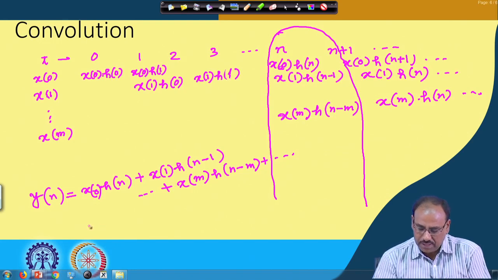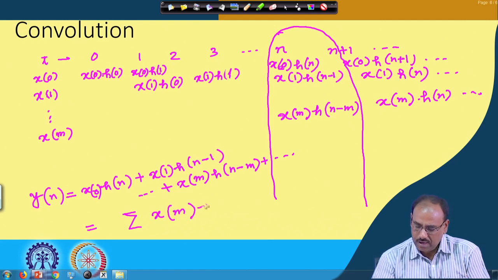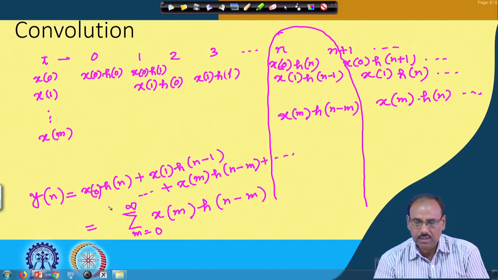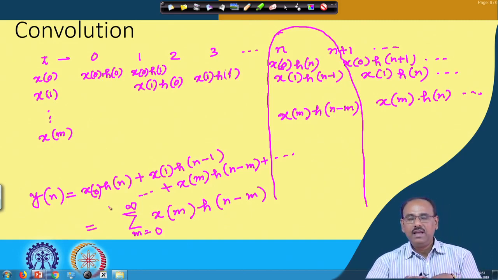So, I can simply write this as the sum of xm h n minus m, where m will vary from 0 to infinity if I have an infinite sequence of input samples. Okay.